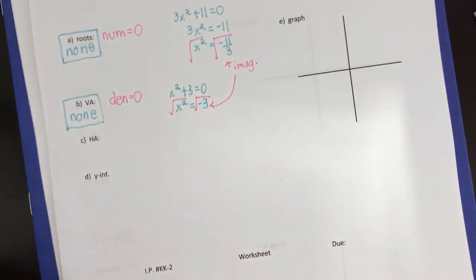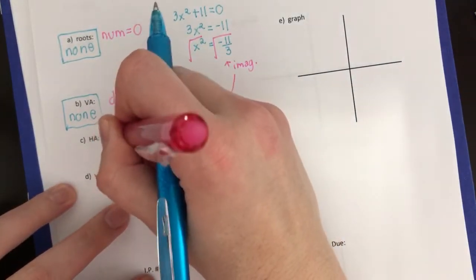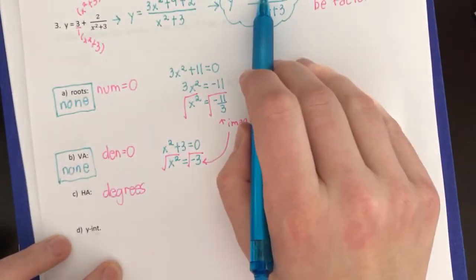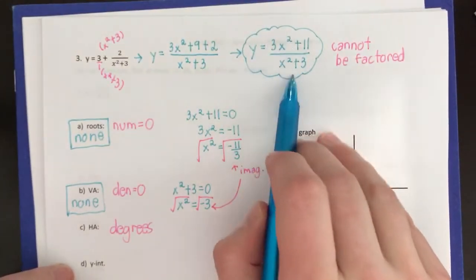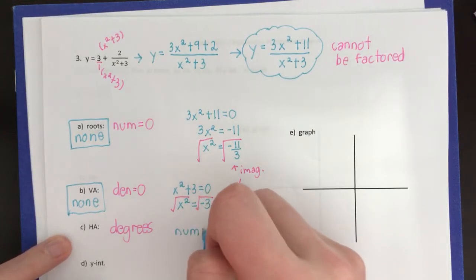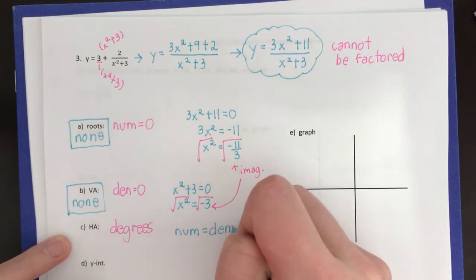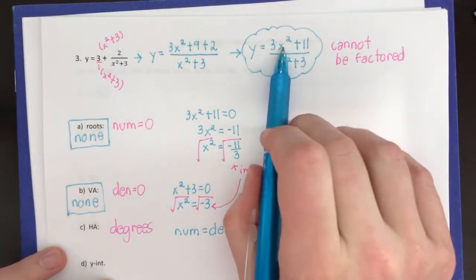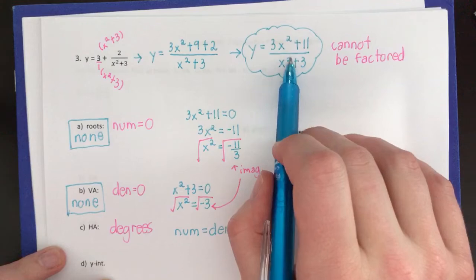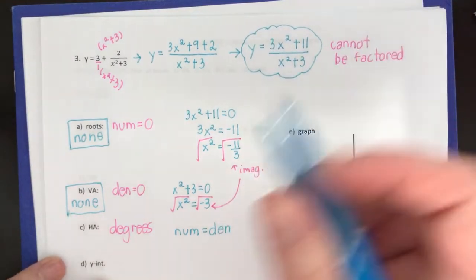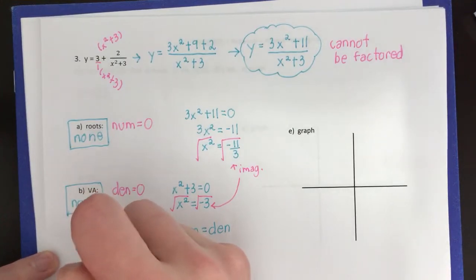And then last but not least, HA, based on the degrees. So the degrees are, sorry, you can't see that very well, can you? The degrees are equal. Numerator equals denominator because the degrees match. So therefore, lead coefficients, 3 divided by 1. So y equals 3.